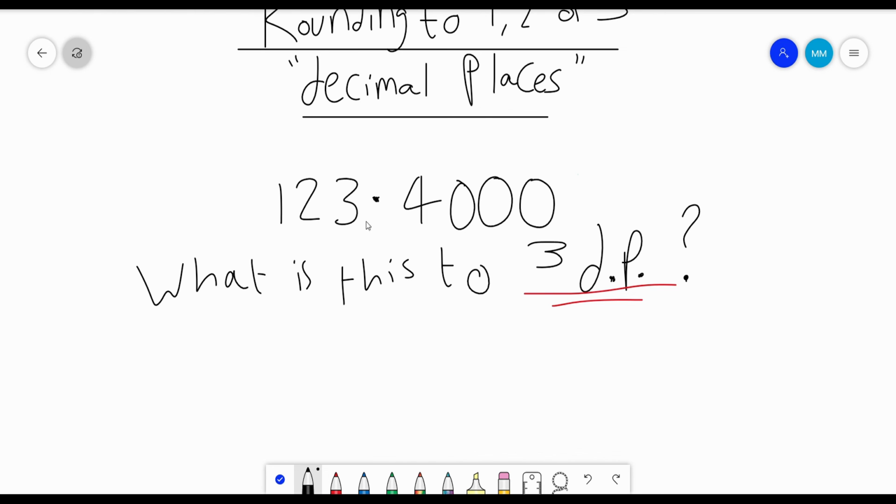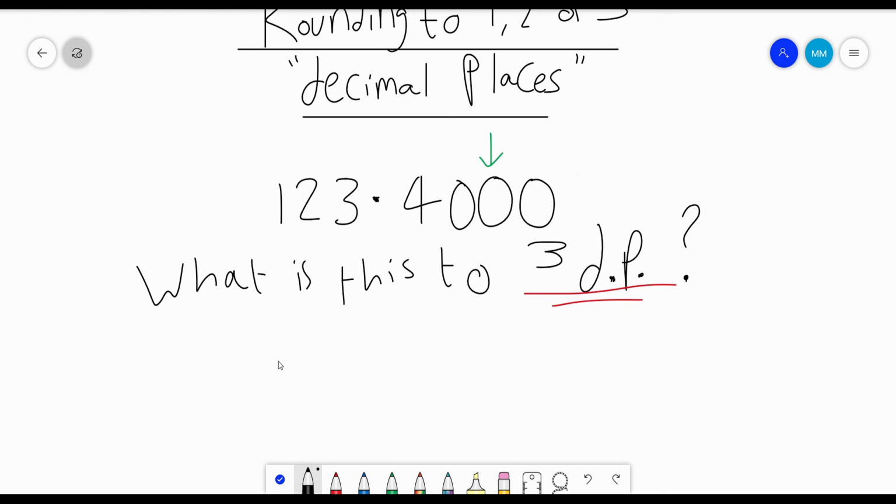So the 3rd decimal place is this one here. 1, 2, 3. So we look to the right of the 0, which is another 0. Is that 5 or more? Definitely not. It's 0. So this 0 that we're pointing to stays the same.